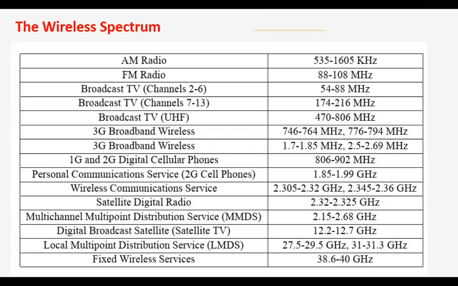Now we come to the spectrum. I will not go into detail about this because these are standard values, but I will ask you to go through the spectrum: the frequency ranges over which AM radio, FM radio, broadcast TV channels, 2G and 3G technologies, and personal communication services operate, how these spectrums are allocated by international unions, and how they are used in a specific country.